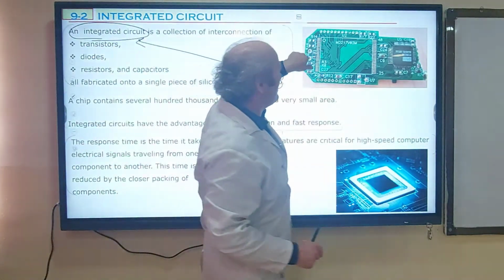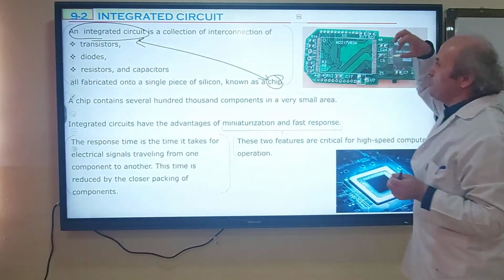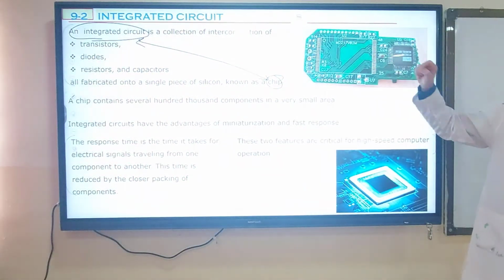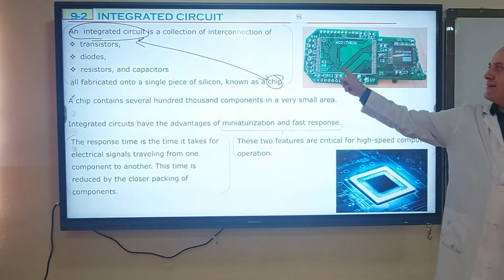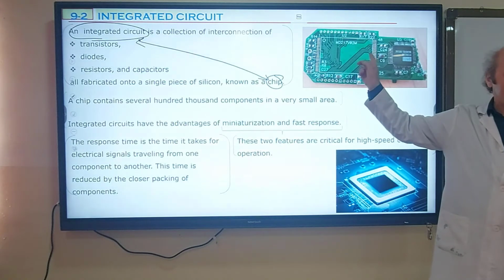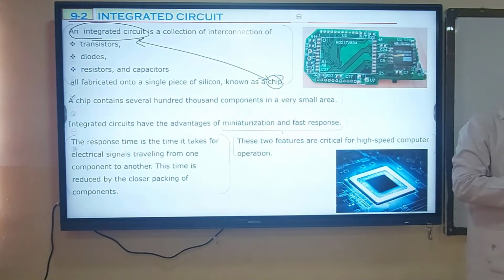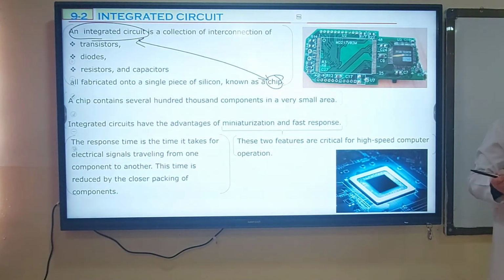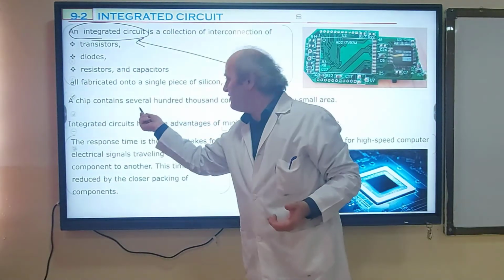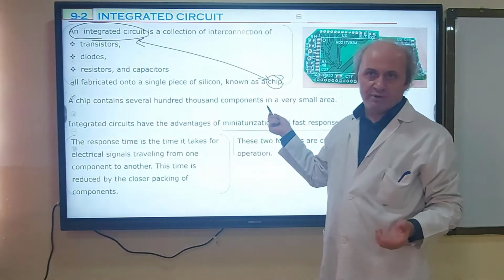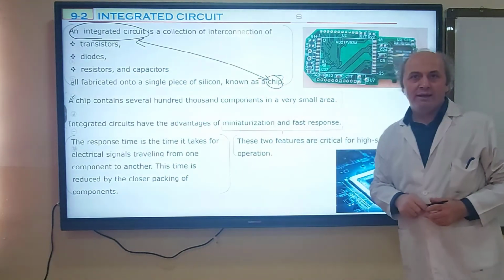This is a piece of silicon on which you are inserting those components, and these lines are connecting them to one another. This is called the integrated circuit. Other name: chip. A chip contains several hundred thousands of components in a very small area.